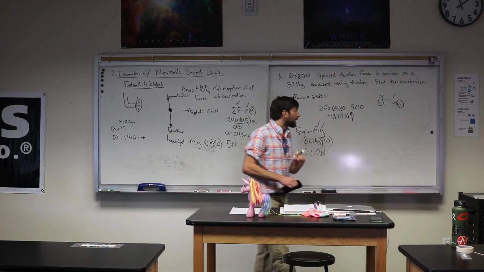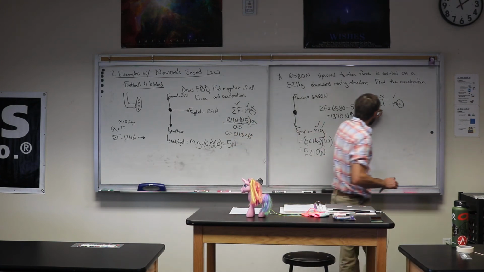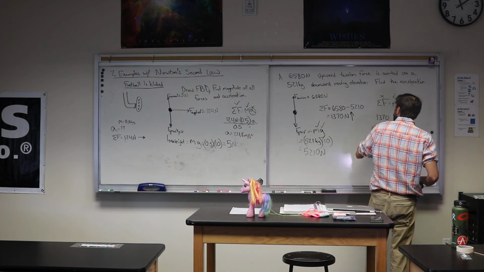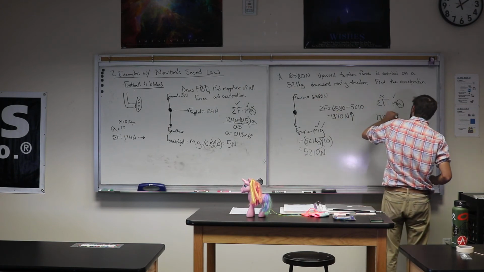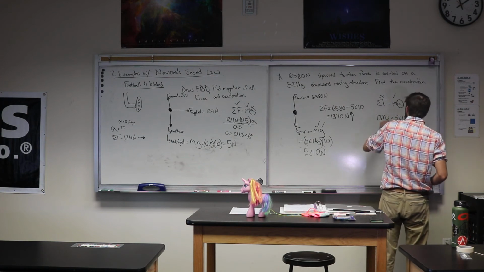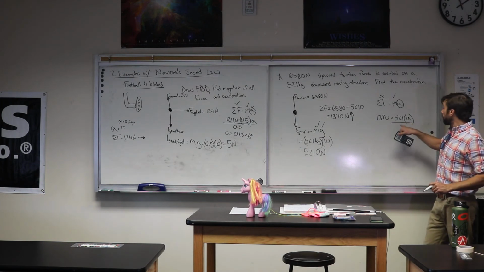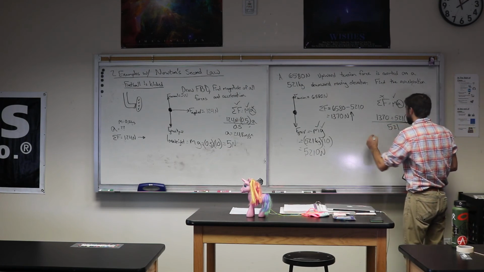Now we just plug into this equation to get our acceleration. Net force, 1,370, equals our mass, 521, multiplied by A. Here we have A multiplied by 521, so we need to divide both sides by 521.